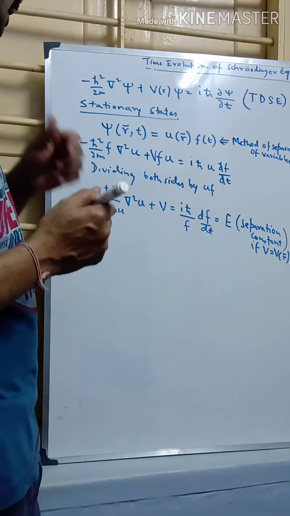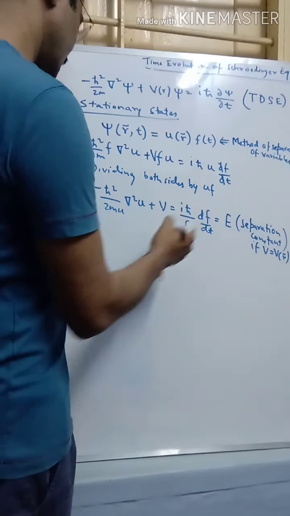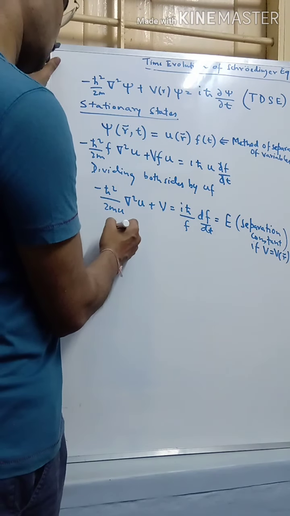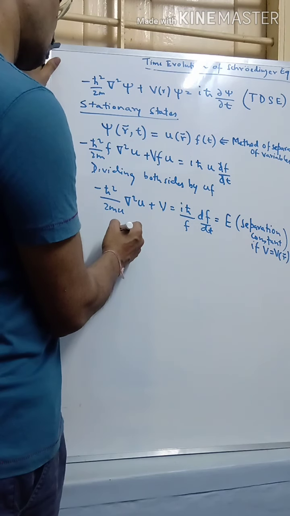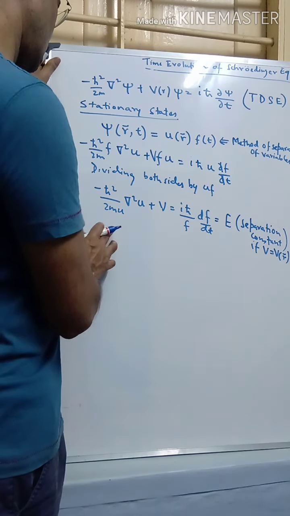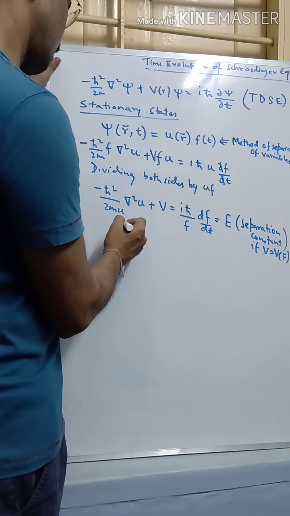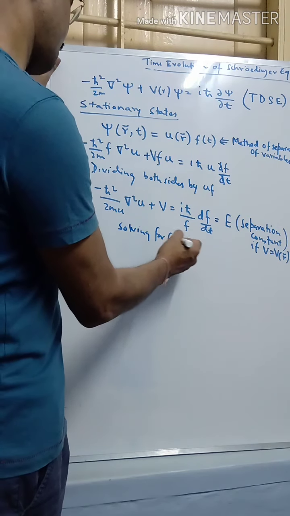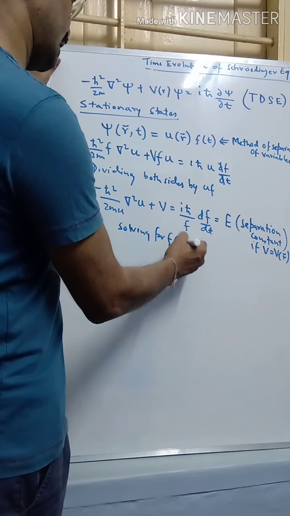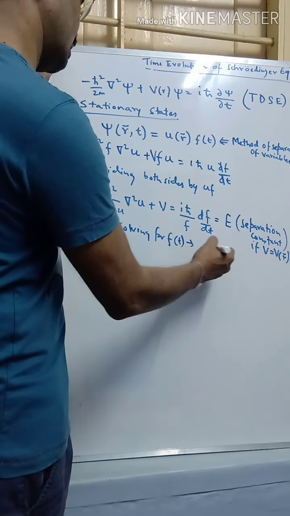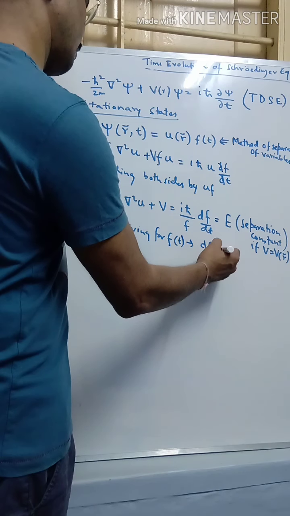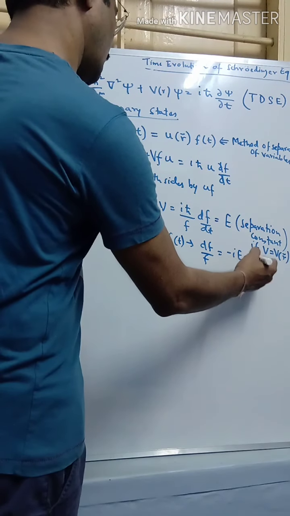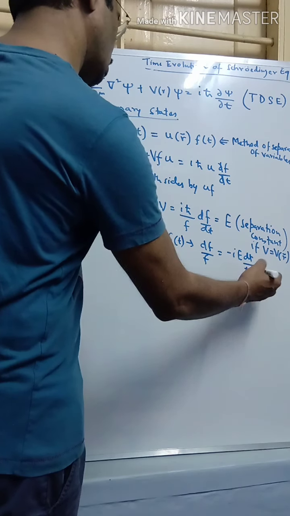Then we can very easily write the first part, the time part, solving for f(t), we can get df by f to be equal to minus i E dt by h cross.